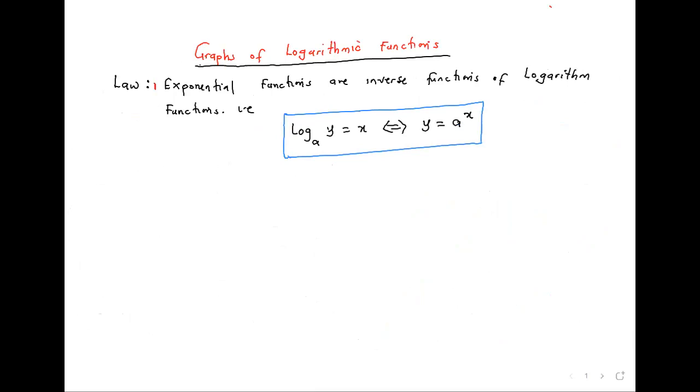Law number 2, I'm choosing another one: log e of y is the same as ln y. Using the third one, there are so many of them: log 10 of x is the same as log x.